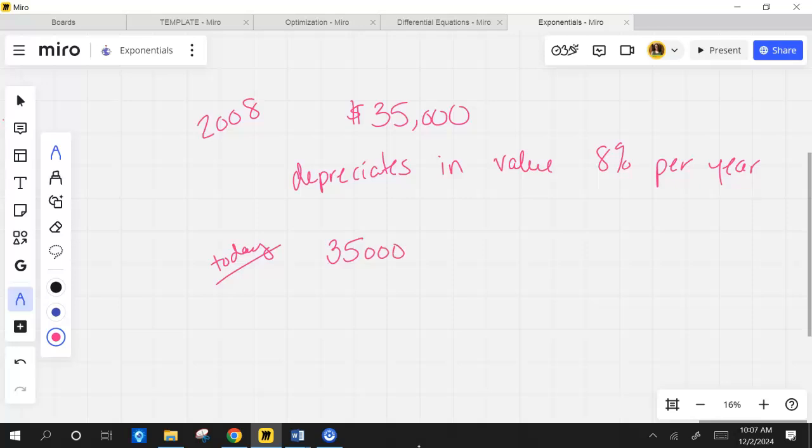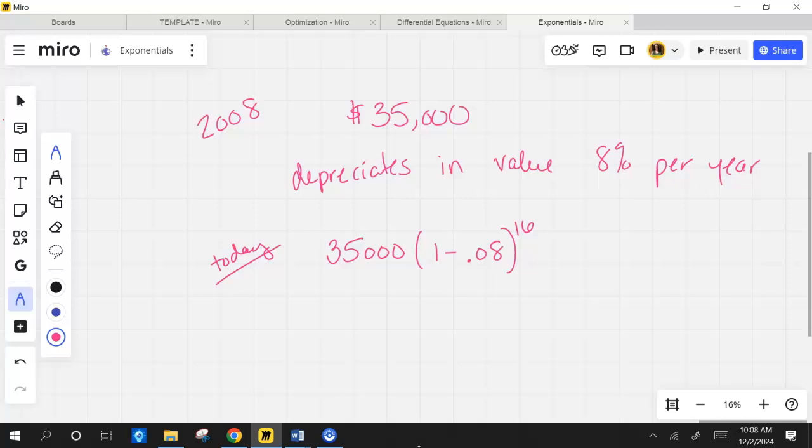How much is it worth today? What's the time? 15 years. I was born in 2008 and it's 2024. I think that's right, yes.